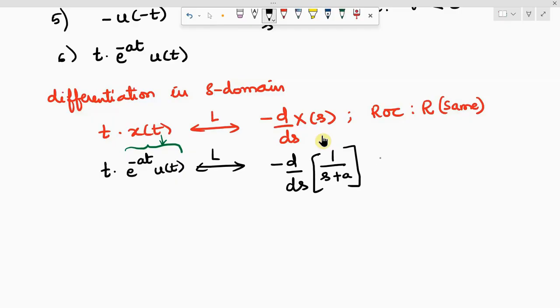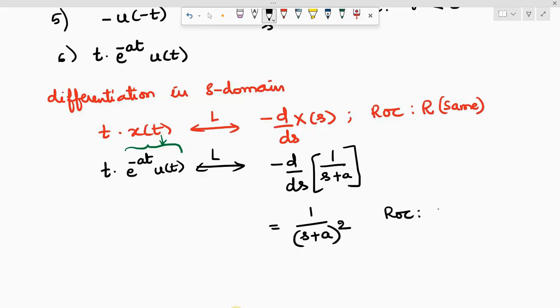Please differentiate this and tell me the answer. 1 by s plus a whole square. Yes, you can use the u by v rule of differentiating this. And what is the ROC?